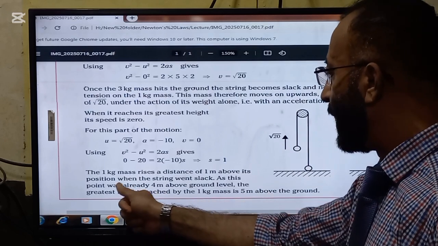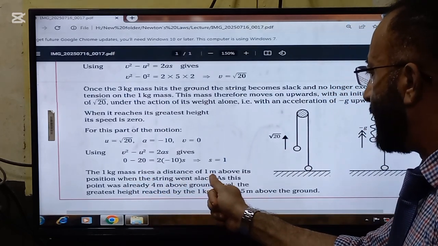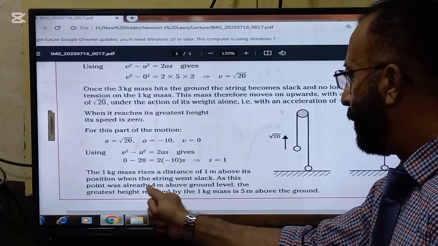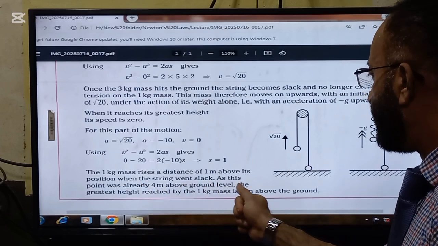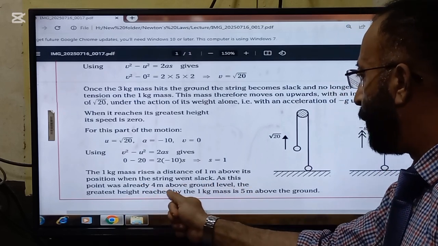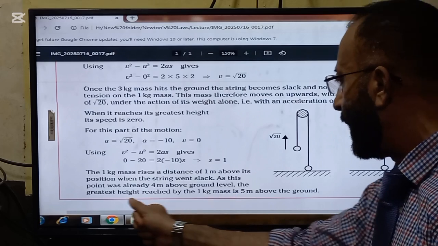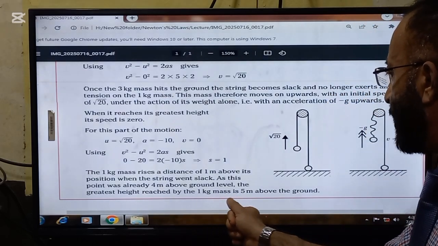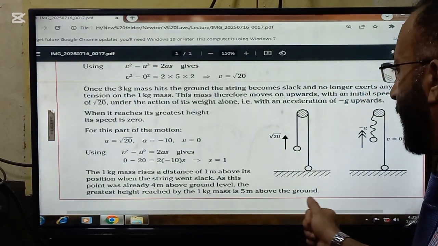As this point was already 4 meters above the ground level, the greatest height reached by the 1 kg mass is 5 meters above the ground.